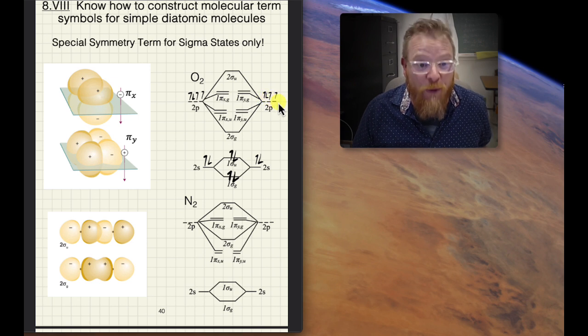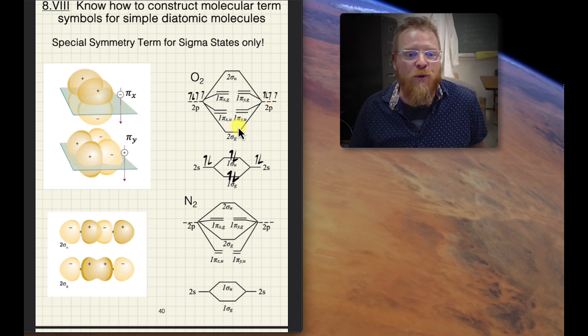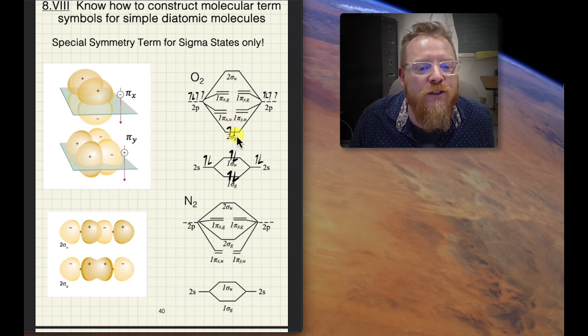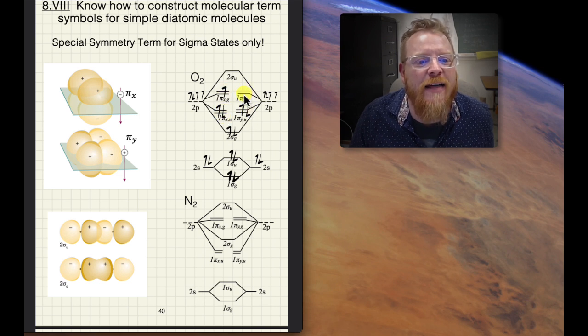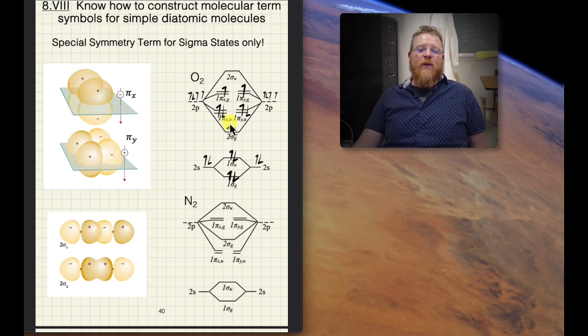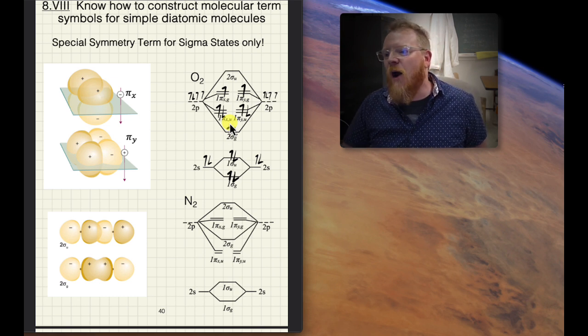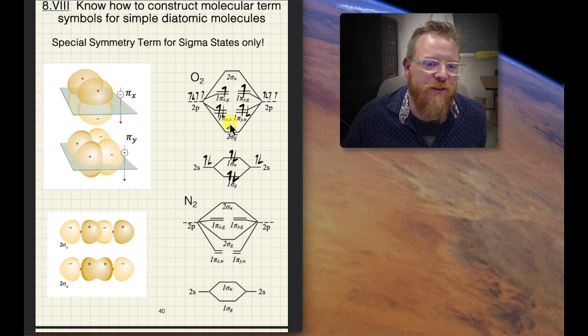So that means I need to bring 8 electrons down here in total. So we will go 1, 2, 3, 4, 5, 6, 7, 8. Okay, so now let's build up a term symbol from that.